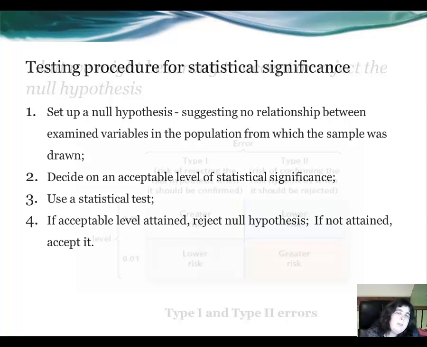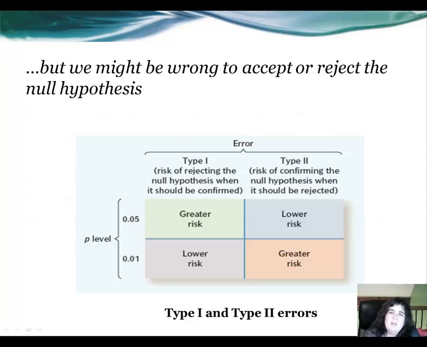But might we be wrong in choosing to accept or reject the null hypothesis? We may actually have errors, and we also have to be aware of the different types of errors, known as type 1 or type 2 errors, as this image identifies.